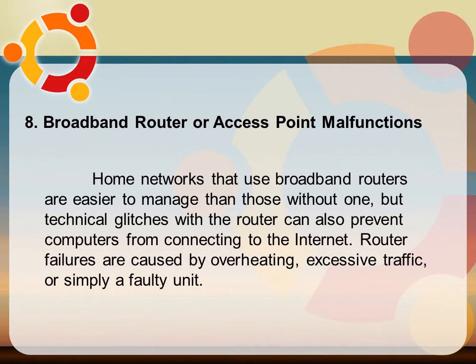Broadband router or access point malfunctions. Home networks that use broadband routers are easier to manage than those without one. But technical glitches with the router can also prevent computers from connecting to the internet. Router failures are caused by overheating, excessive traffic, or simply a faulty unit.